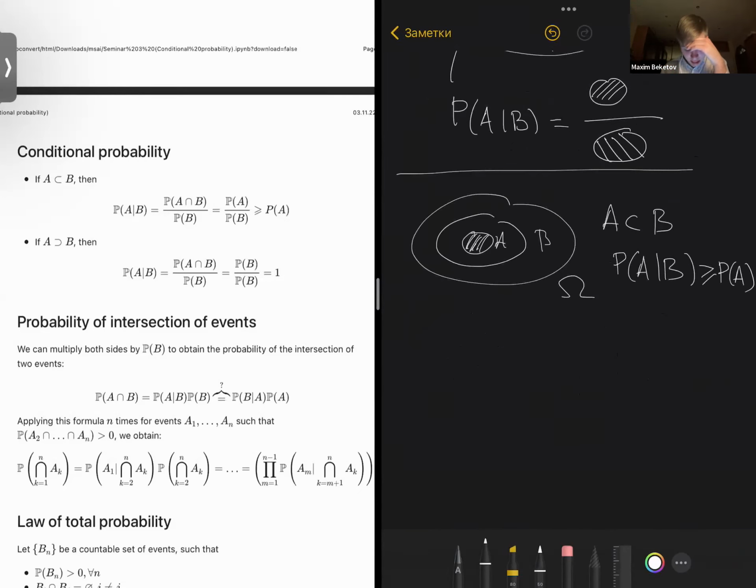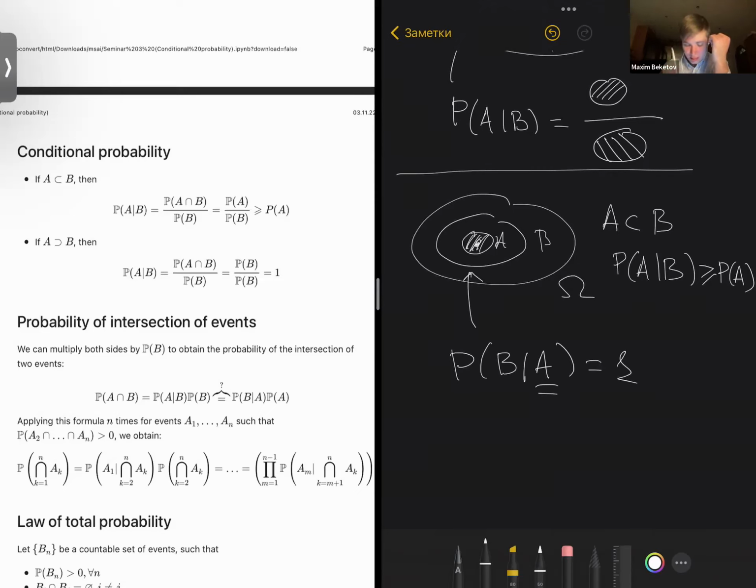It is all quite clear. And vice versa, if we have, let's just write it for the same picture, we have that P of B given A would be just 1, because if we know that A happened as a condition, it means that for sure B happened.